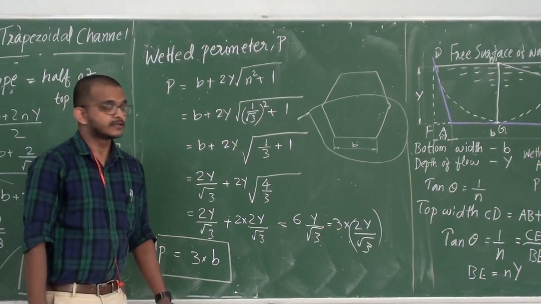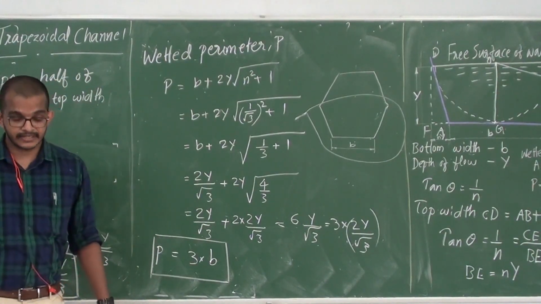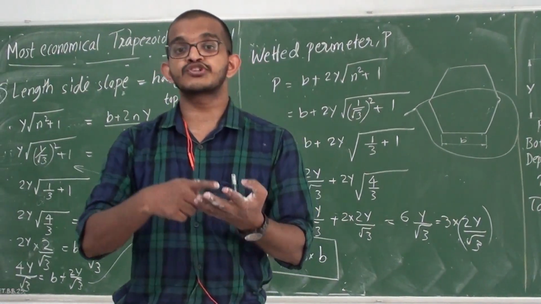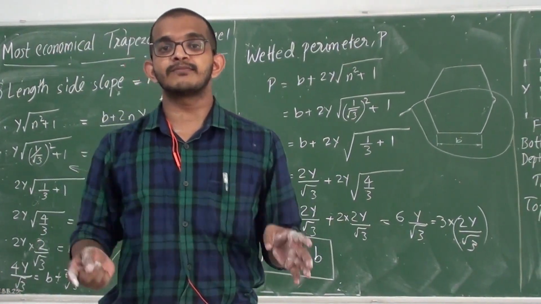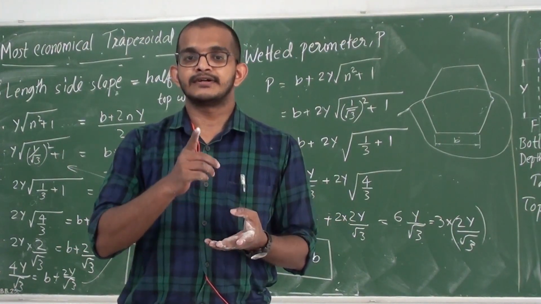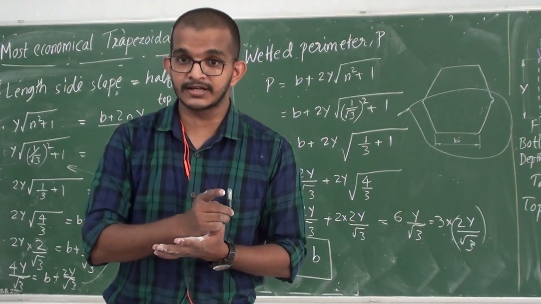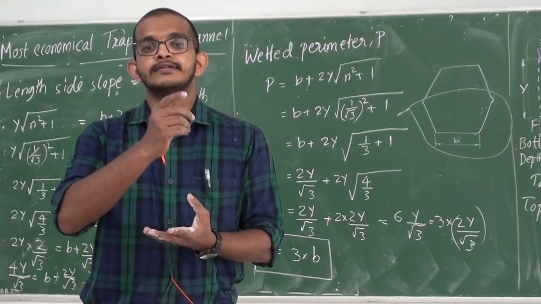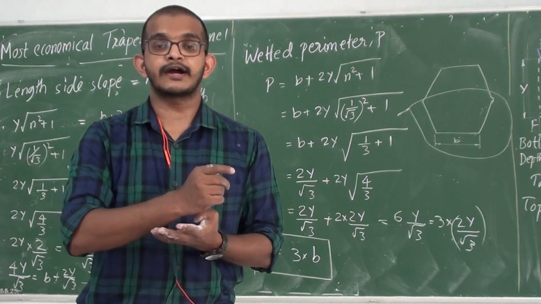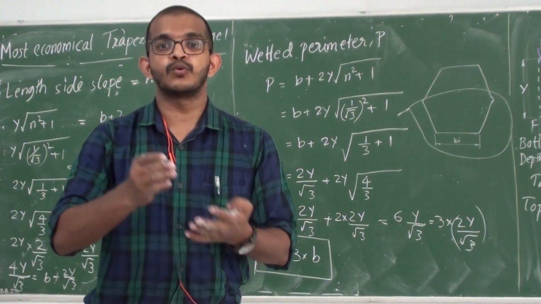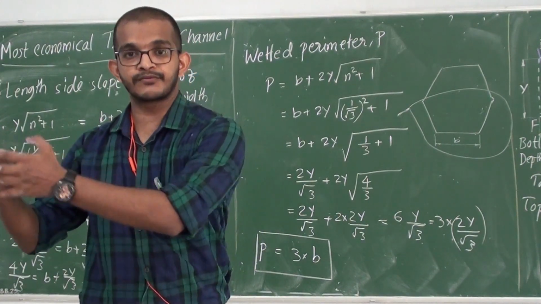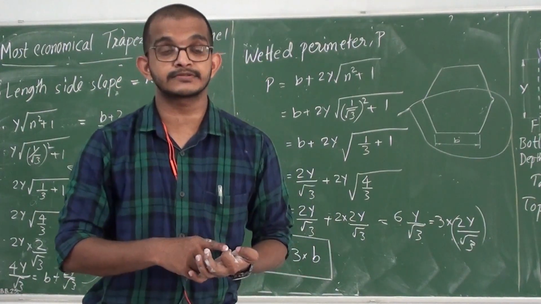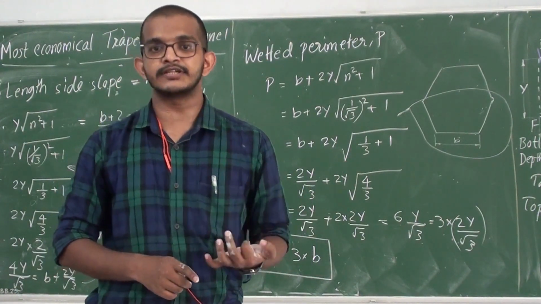Okay. So in this video we were discussing the condition for the trapezoidal channel to be the most economic one. So we have shown that the channel section is the most economical one when half of top width of the channel is equal to the length of side slope, and the second one, the hydraulic mean radius m is equal to y by 2, the half of depth of flow, and the third condition, the angle or the side slope theta is equal to 60 degree.